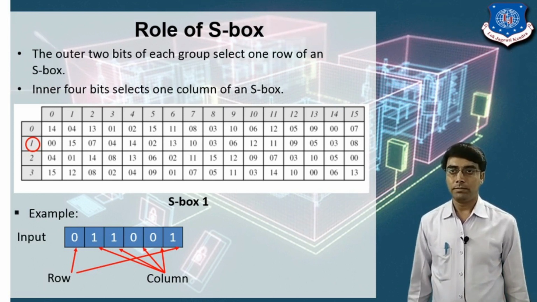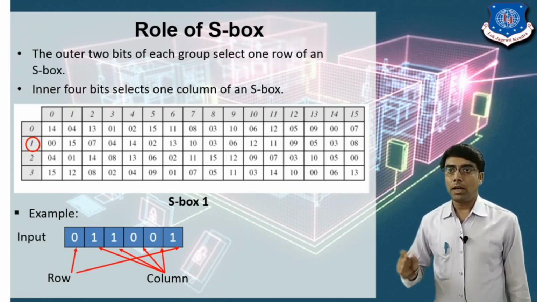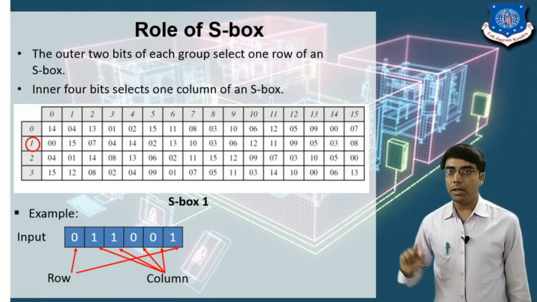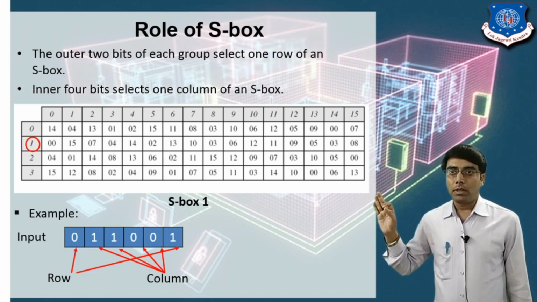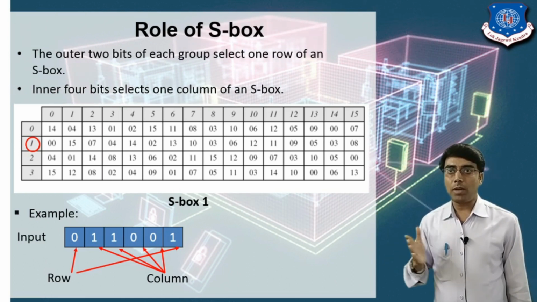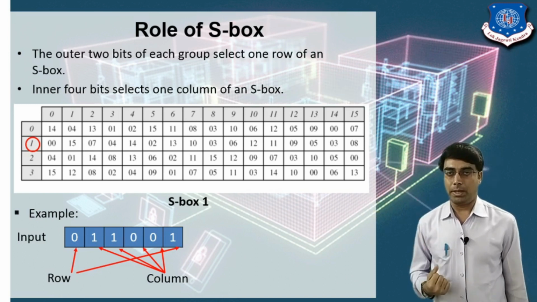Here in this table, there are a total of 4 rows, 0 to 3, and 16 columns, 0 to 15.